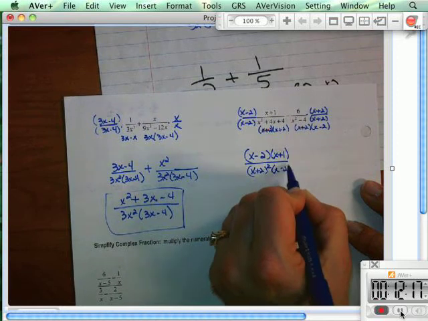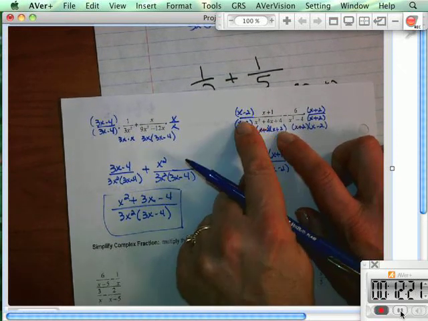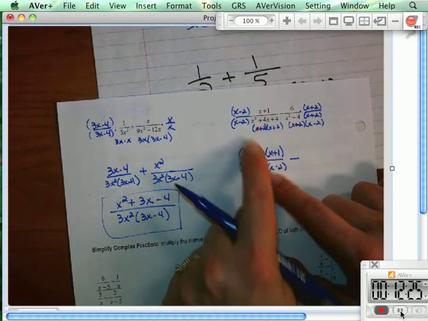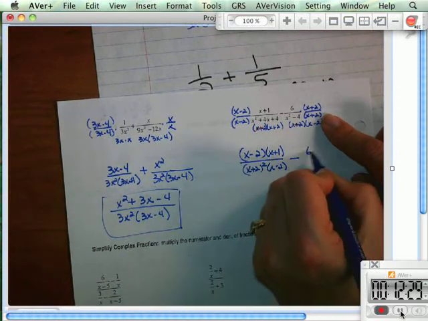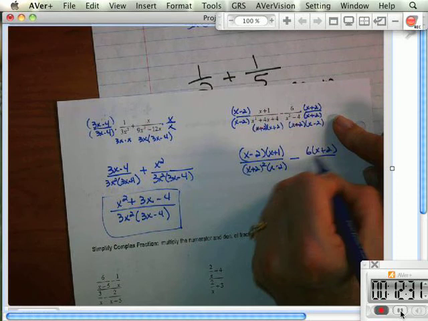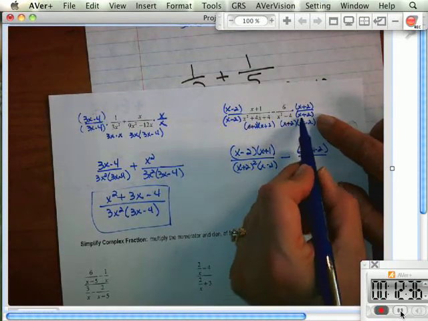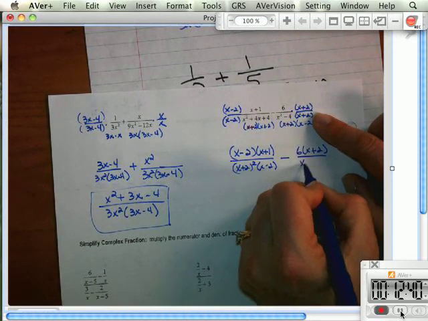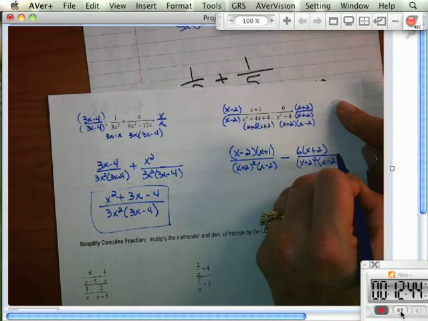And then minus, because you still have both of these things. Over here would be 6 times x plus 2, divided by x plus 2 squared times x minus 2. Then I have a common denominator.